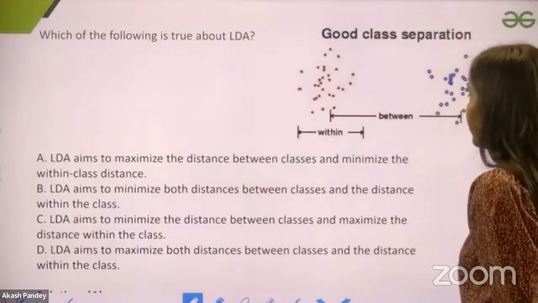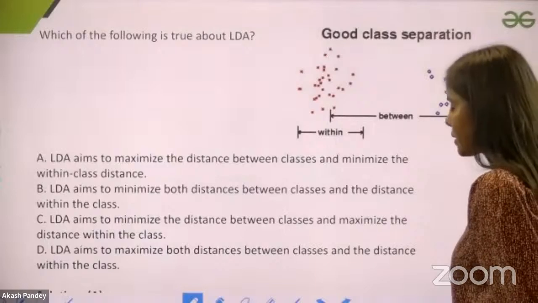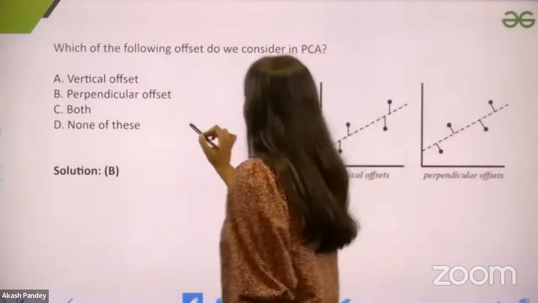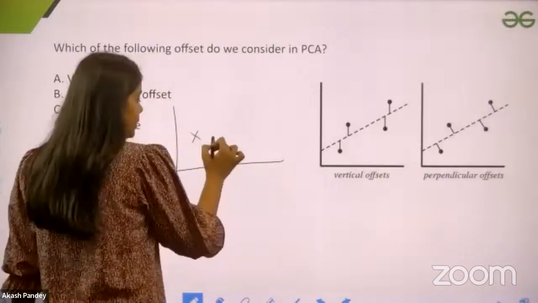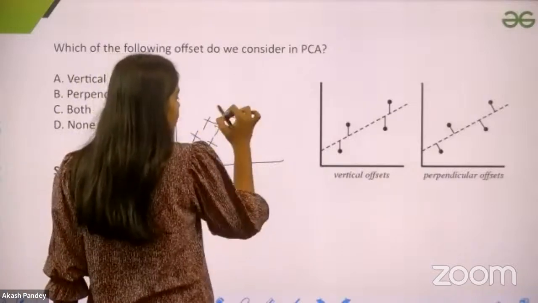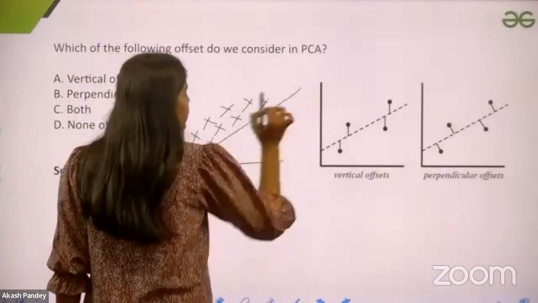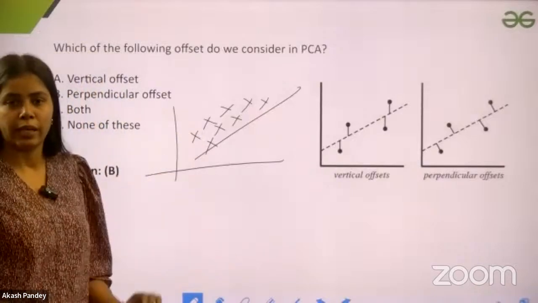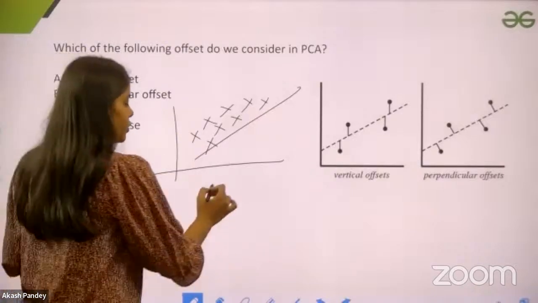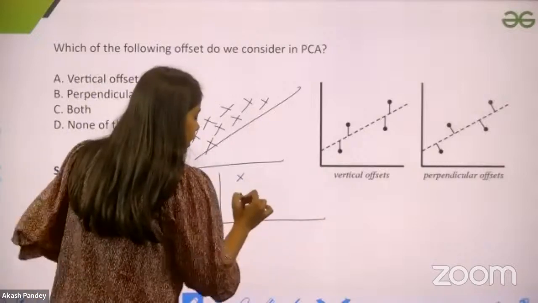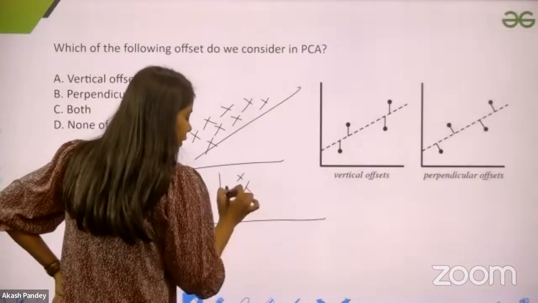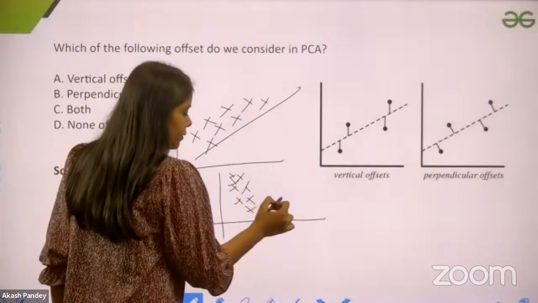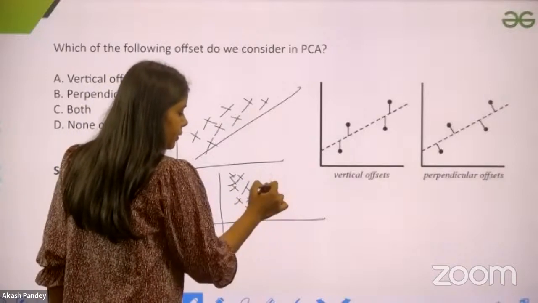So guys, this is a question based on linear discriminant analysis. Let me give you an overview of what linear discriminant analysis is. When we have maximum variance, let's suppose this is the maximum variance and the direction I have taken is your principal component analysis. But in the case of classification, what would happen? Let's suppose you have this kind of data set, and you have circles here, right?